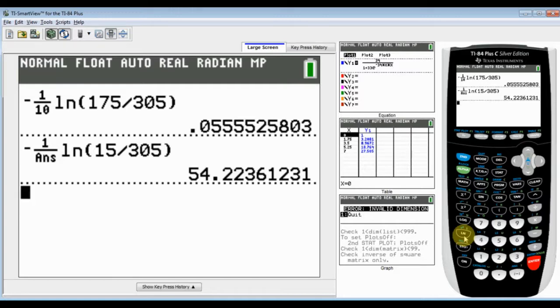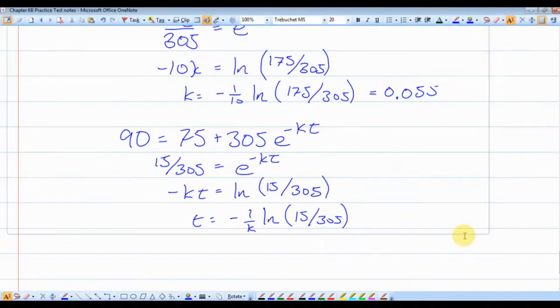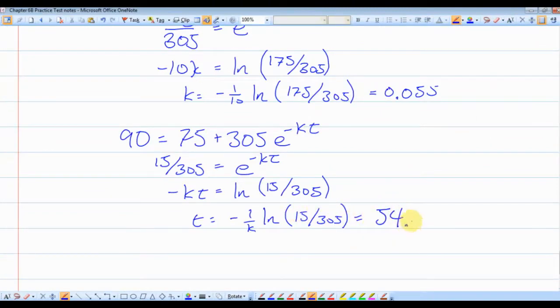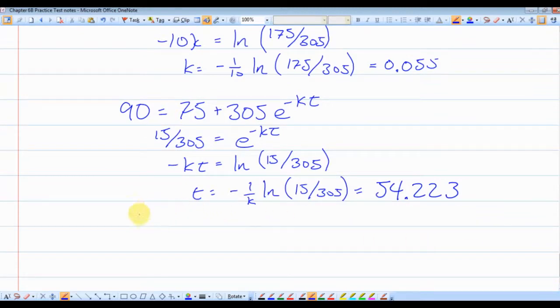54.223. So they want to subtract it. Wait, hang on, how much longer, right? So currently t equals 10, right?